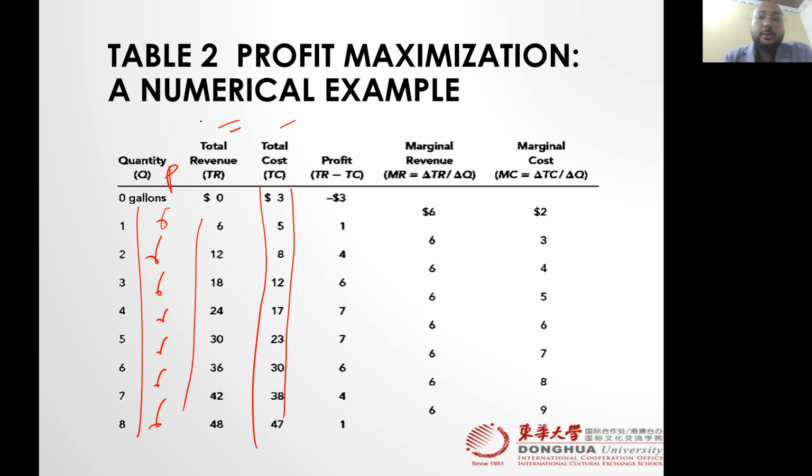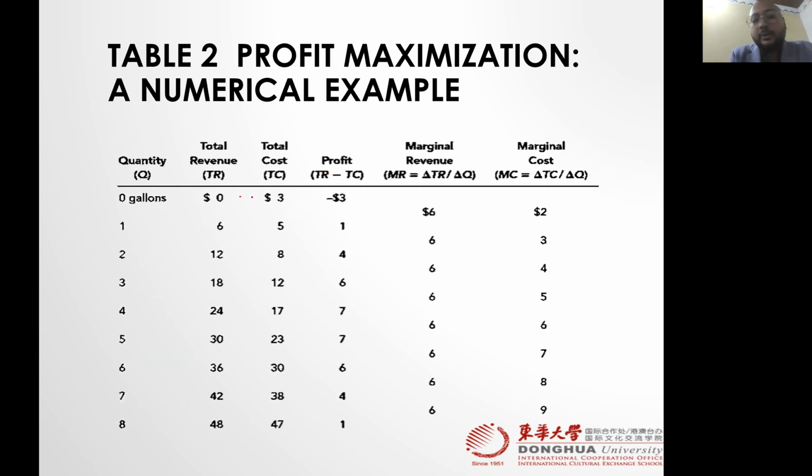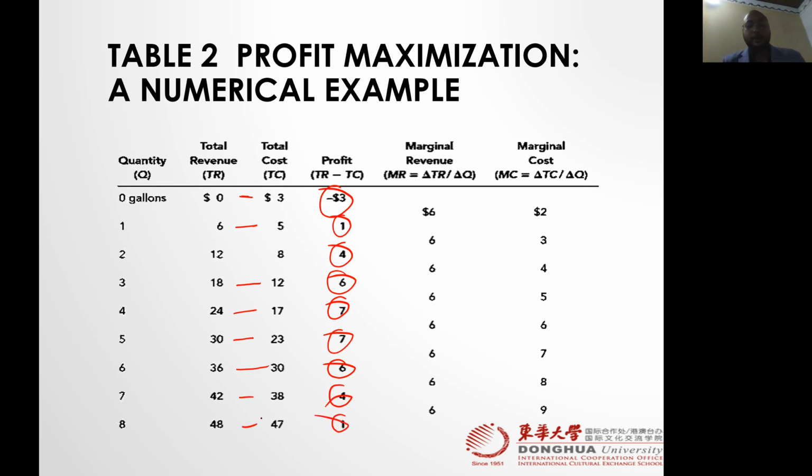All right. Total revenue minus total cost is the profit. So 0 minus 3 is minus 3. 6 minus 5, 1. 12 minus 8, 4. 18 minus 12, 6. Similarly, 24 minus 17, 7. 30 minus 23, 7. 36 minus 32, 4, and so on.